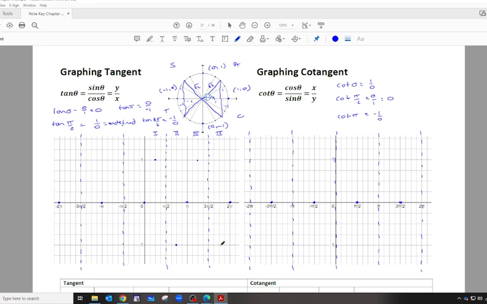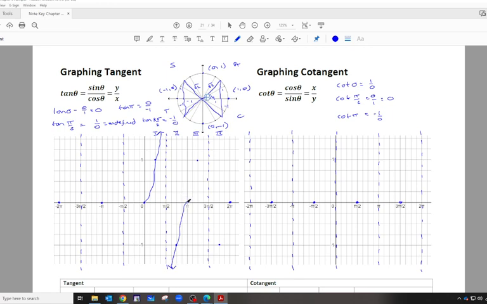So what does that mean for our graph? Well, if you think of these graphs having asymptotic behavior and passing through an x-intercept, like graphing rational functions, we're going to pass through the x-intercept, but we're going to approach the asymptote. So in quadrant 1, I'm going to approach the asymptote in a positive direction. In quadrant 2, I'm going to approach my asymptote in a negative direction.